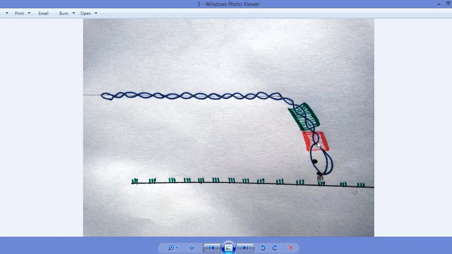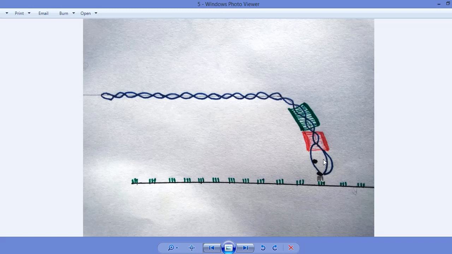So when the strong bond is formed between the myosin head and the actin filament, what happens? Once again, the ATP combines with the ATP binding site, and once again this ATP is split into ADP and inorganic phosphate, and the energy is liberated into the head.